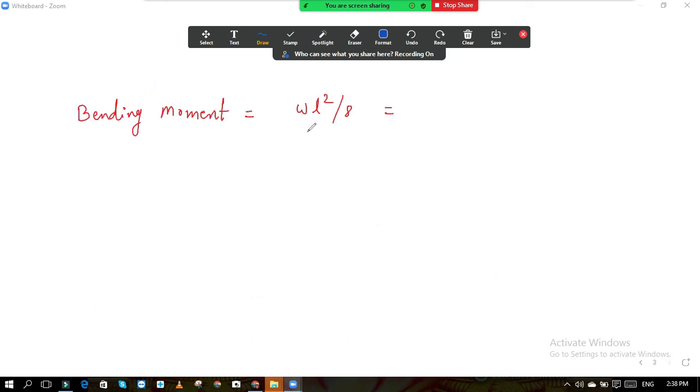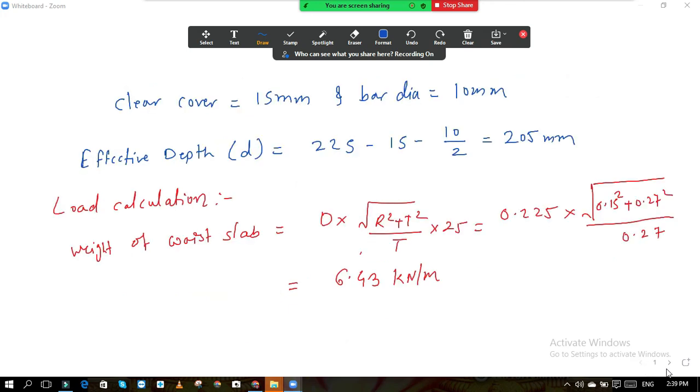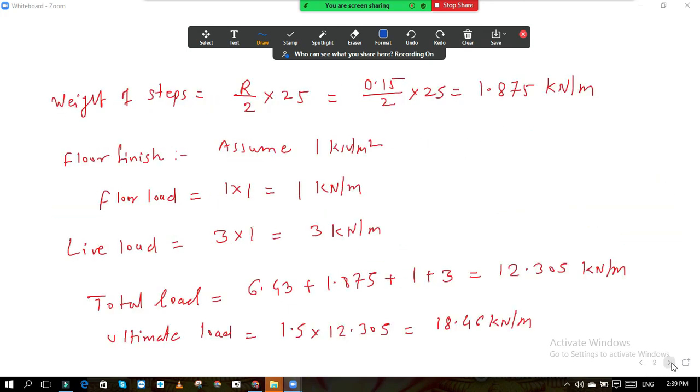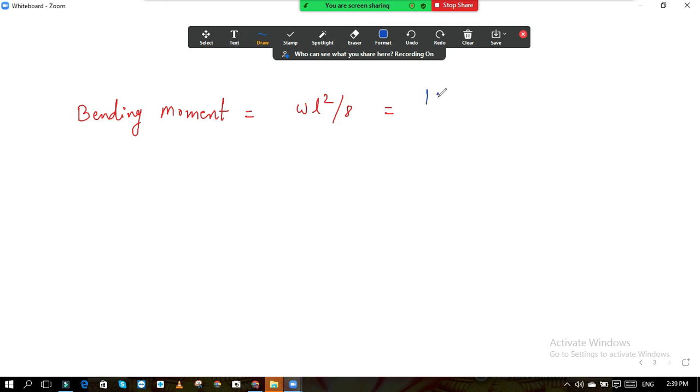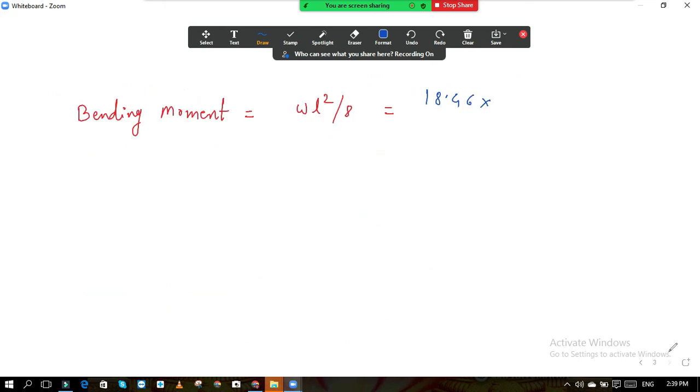So now bending moment, WL square by 8. What was the value? 18.46 into L square, where L means span, it is 5.62, whole divided by 8.